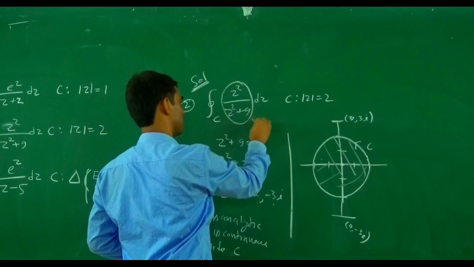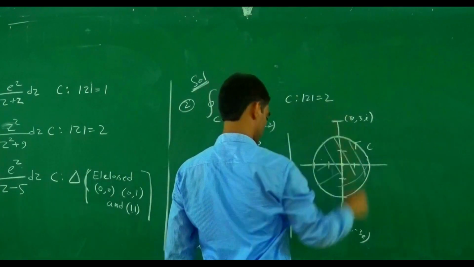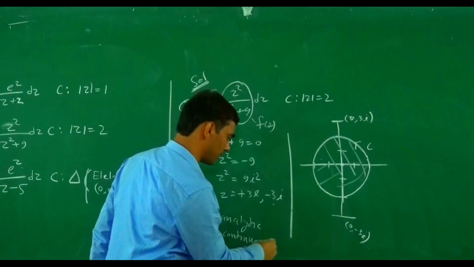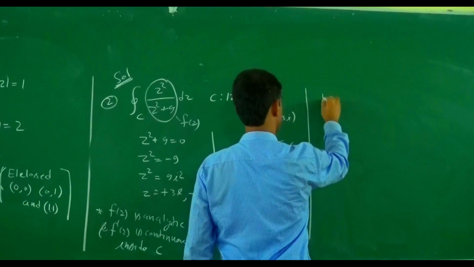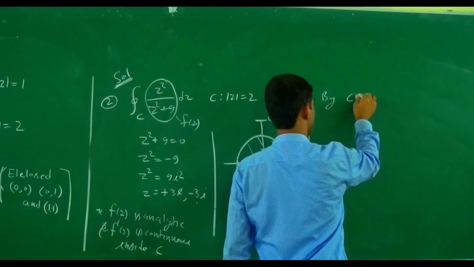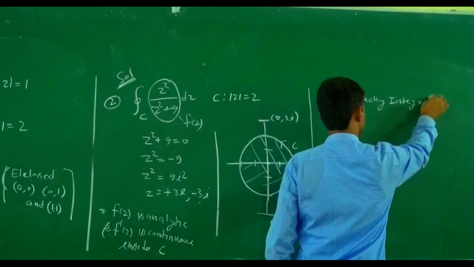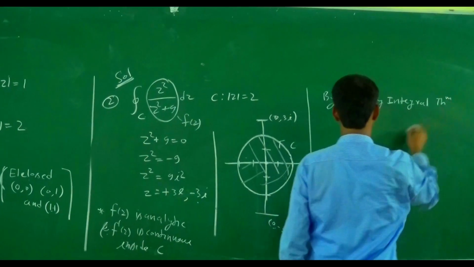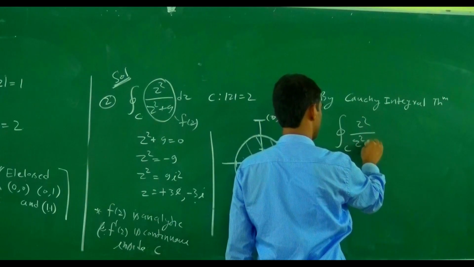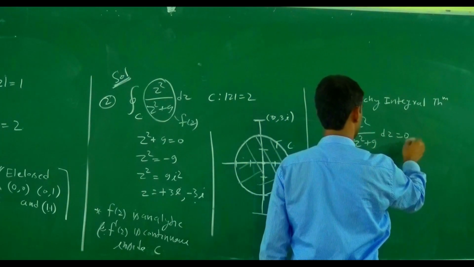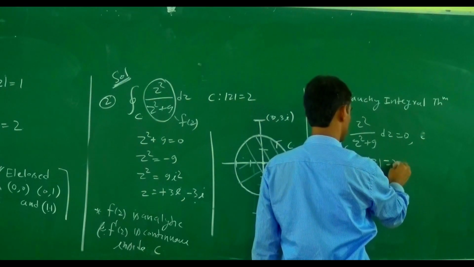If these two are satisfied, then by Cauchy integral theorem, integrate over C, z square upon z square plus 9 dz equals 0, where C is such that mod z equal 2.